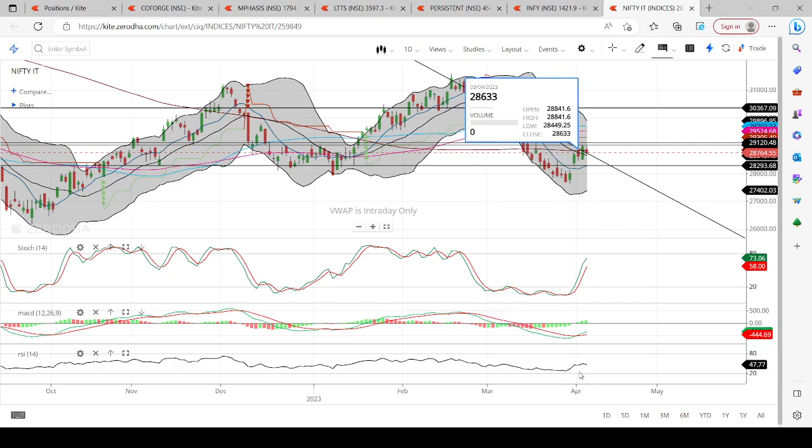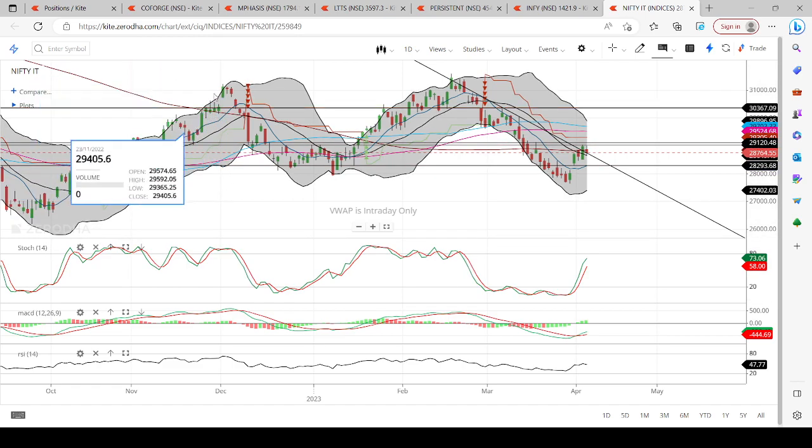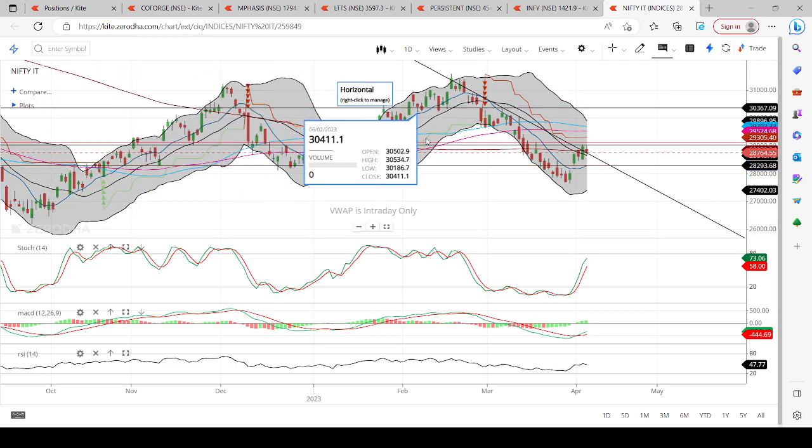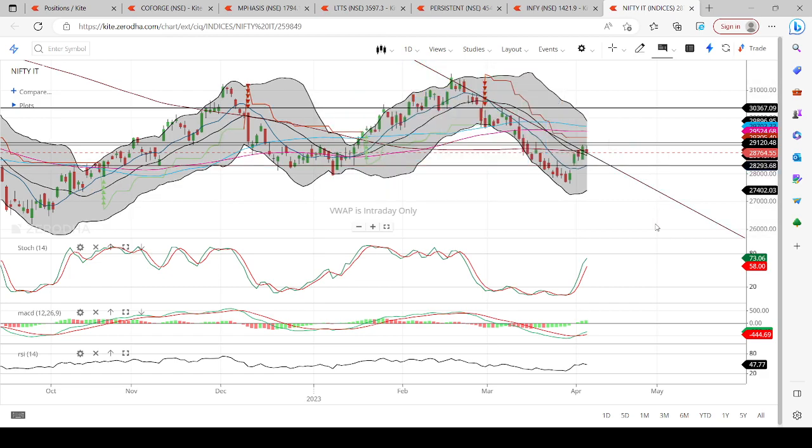The bottom one is RSI, one before that is MACD, the other one is the stochastic indicator, then a Bollinger Band. Obviously the middle line of the Bollinger Band is the 20 moving average. Apart from that, I have 10, 50, 100, 200 moving averages, each one in a different color.